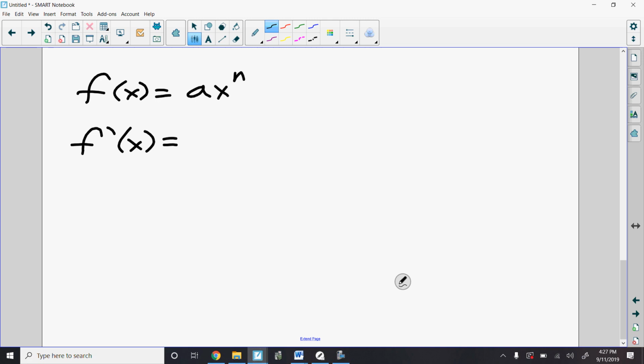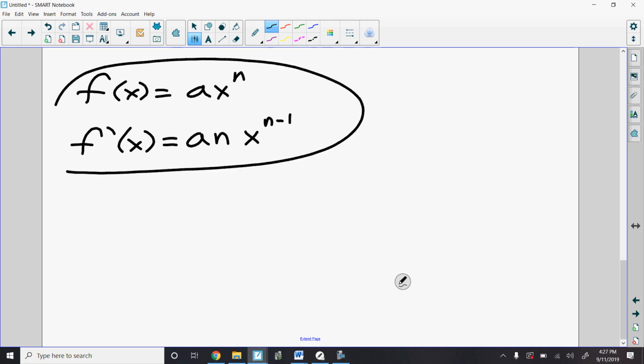So I'm going to have a times n out front. And then I'm multiplying that by x. But I need to adjust the power of x. I need to reduce it by 1. So my new power is n minus 1. Okay, this is the power rule.